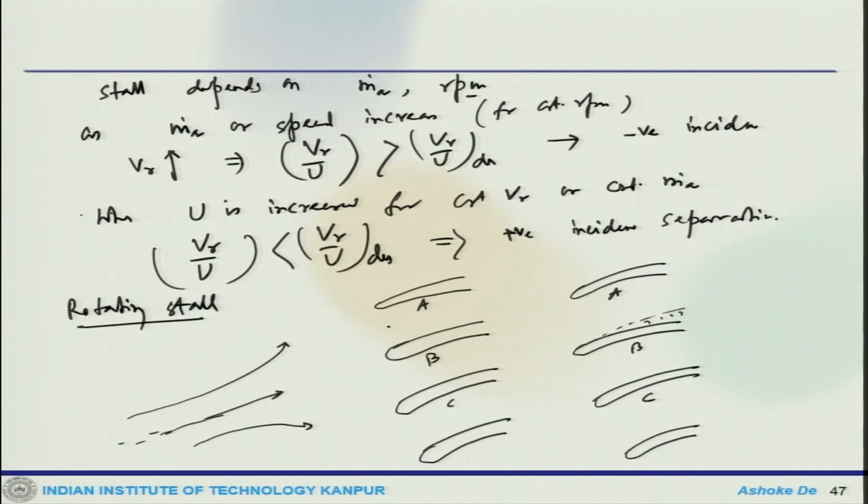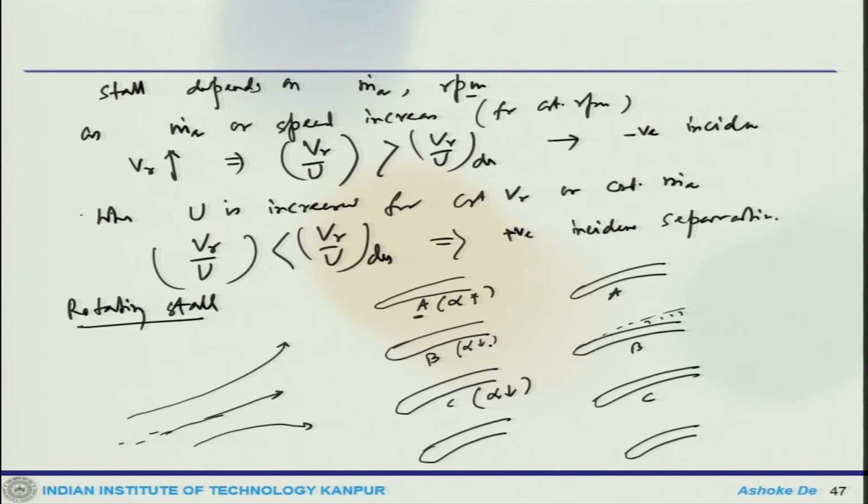Let us say if for A alpha increases, then for passage C alpha actually decreases. So, this will lead to the stalling of that passage, and the passage that had already stalled originally recovers, since alpha in passage B decreases.